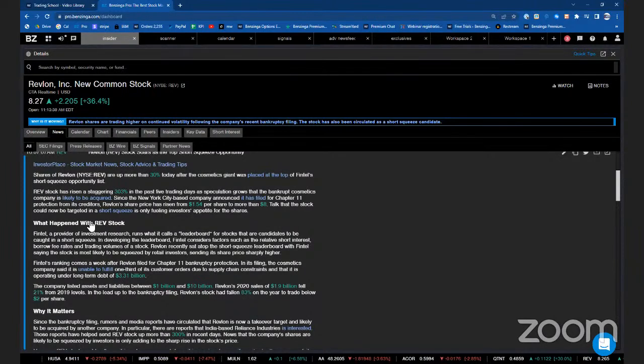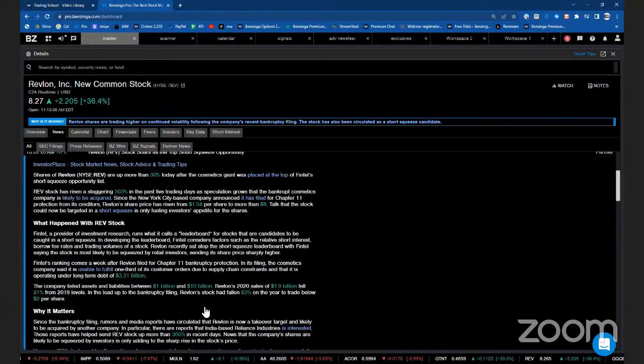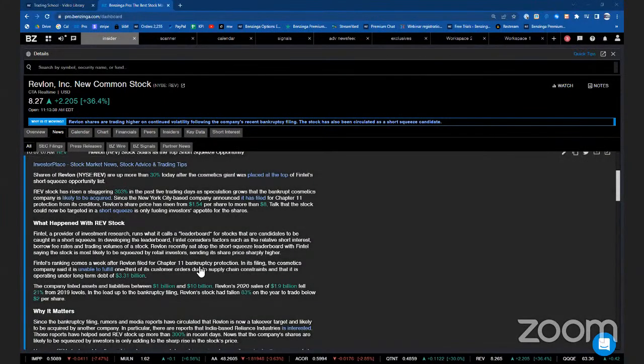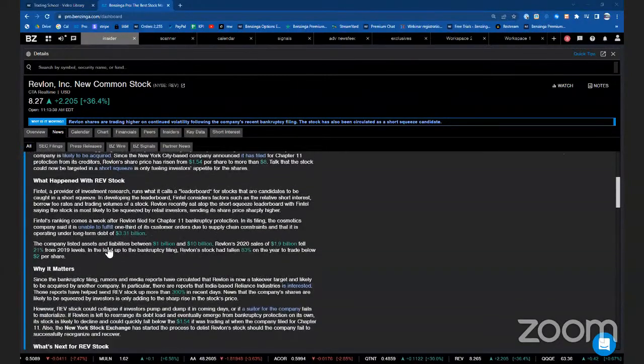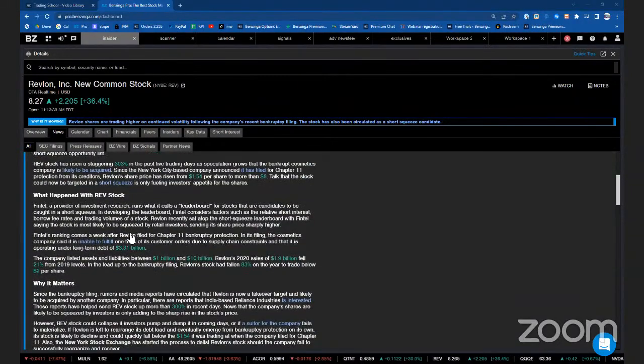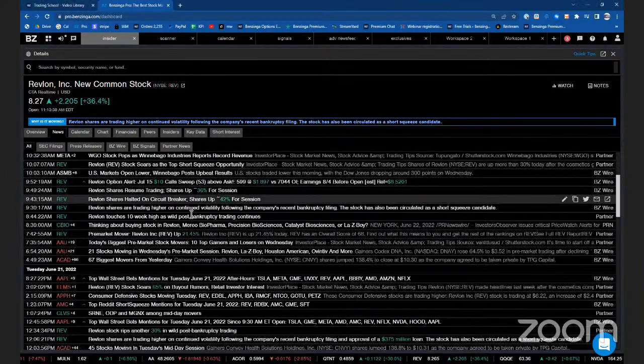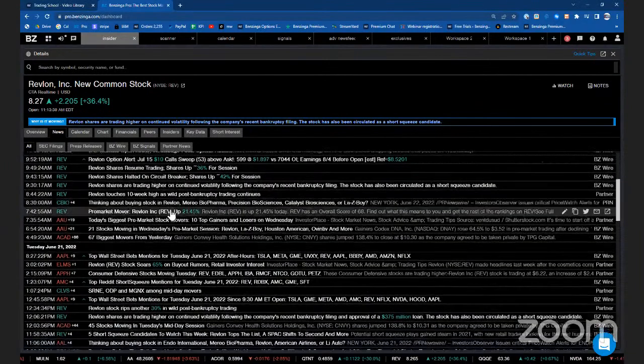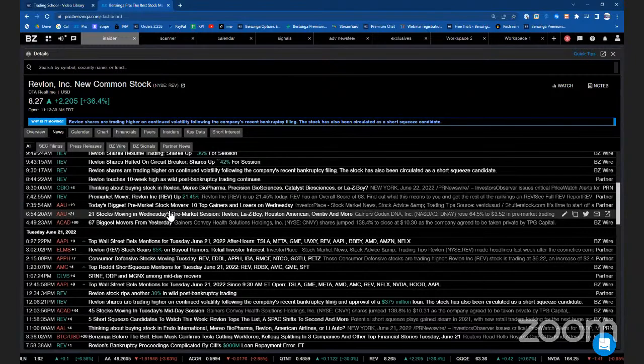So this gives you all the information you need. You don't have to be searching in a bunch of different places for this sort of information, right? You're always going to have it at your fingertips in Benzinga Pro itself. So you have a full description here of what's going on. And I remember that Carl Icahn saved this company in 2020 because it was going to go bankrupt again.